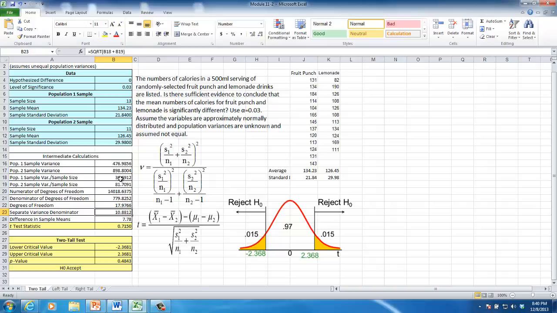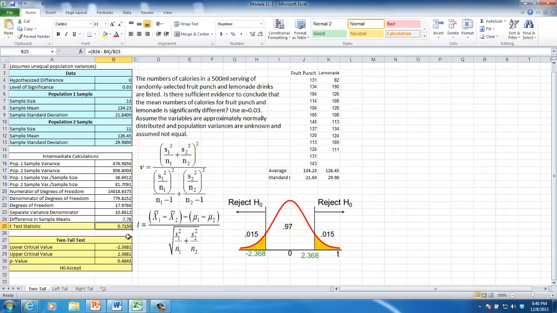Because we already found the sample variance divided by sample size, which is B18 and B19, we take the square root of B18 plus B19, and that gives B23, the denominator of this equation.